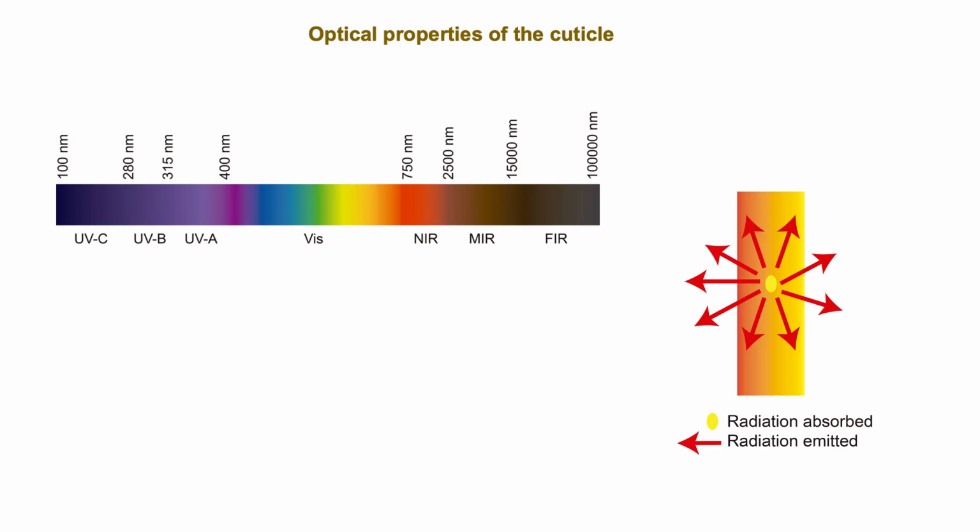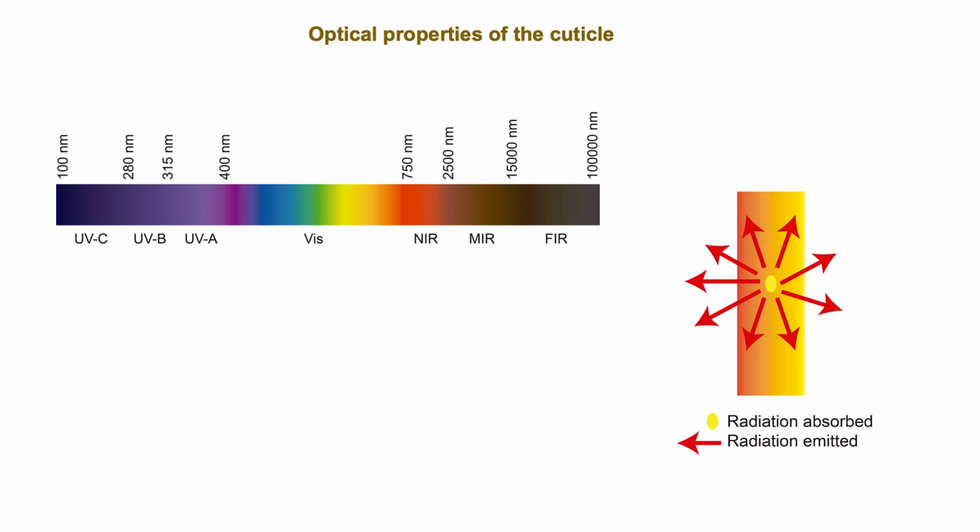I haven't mentioned near-infrared light. I know it is very important in agriculture. We use it very often in hyperspectral imaging as a way to determine how much water there is in a crop. And the truth is, we don't know very well how the cuticle interacts with near-infrared light.